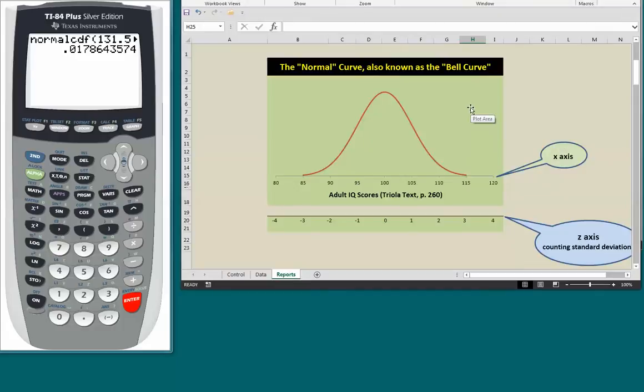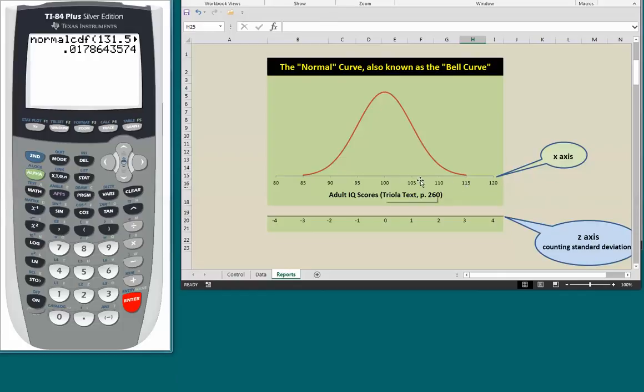Well, you'll notice superficially this looks the same as before, but something very important has changed. This used to be 115 because it was the mean of 100 plus one standard deviation of 15. It was 115, another 15, 130, another 15, 145. But now the standard deviation is just 5.